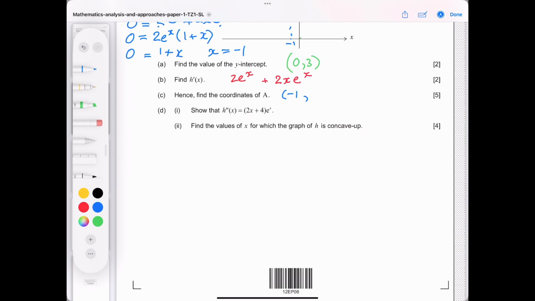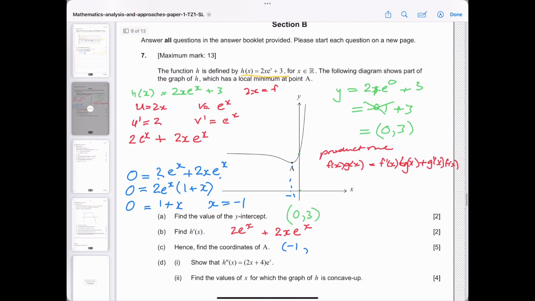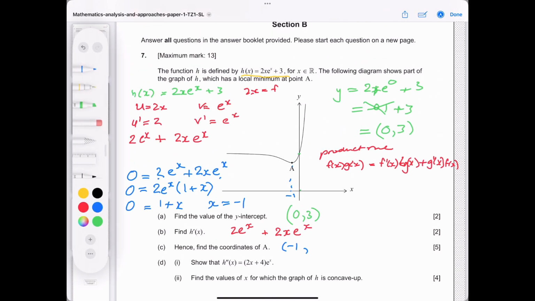Now we've got to put x equals minus 1 back into the original thing, 2x e to the x plus 3.